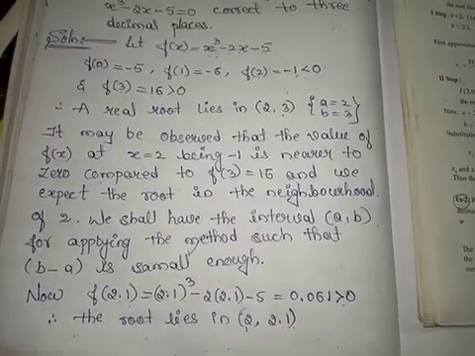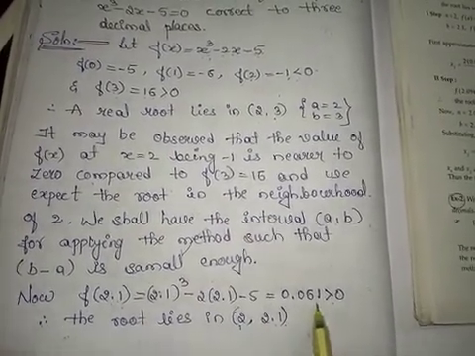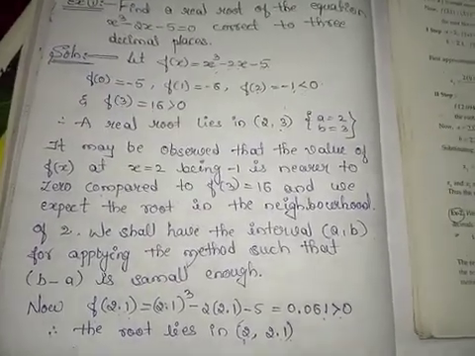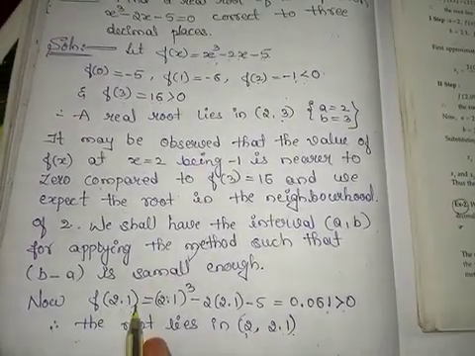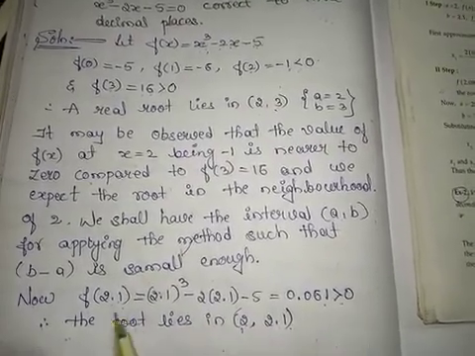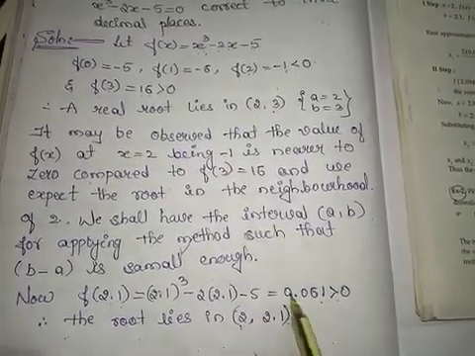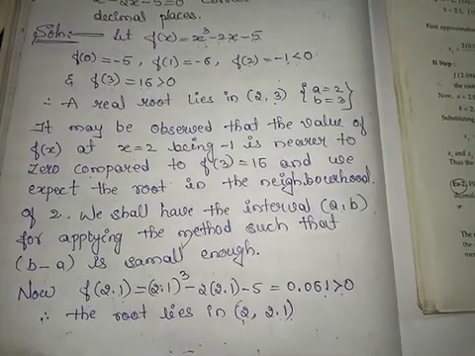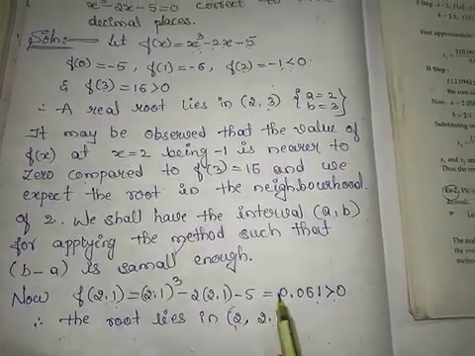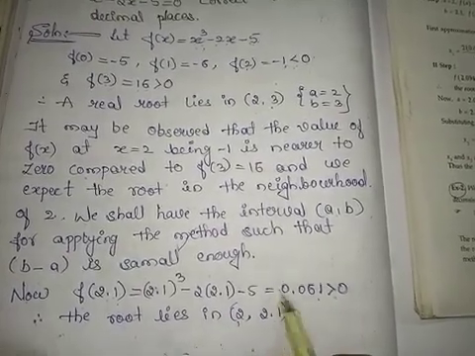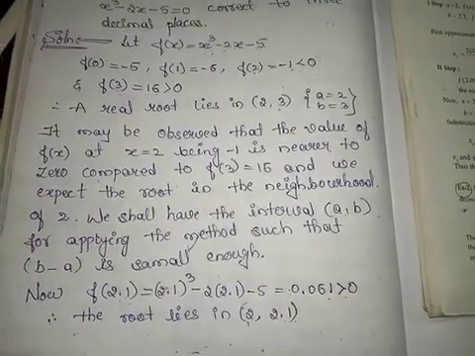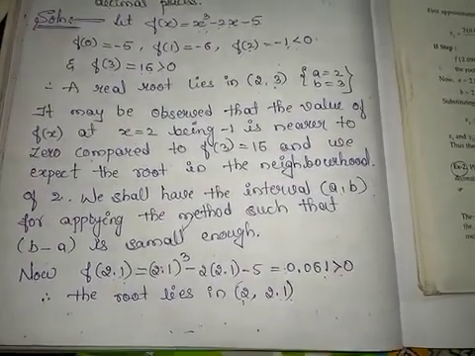If this value, f of 2.1, is negative, then go further for f of 2.2. Since in this example I got a positive value directly at 2.1, it is not necessary to go for further values. If in another example you got a negative value here, then go further for f of 2.2.